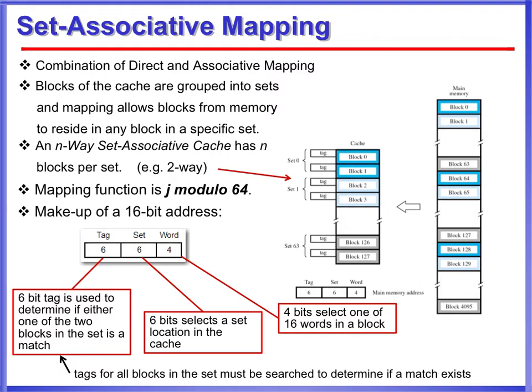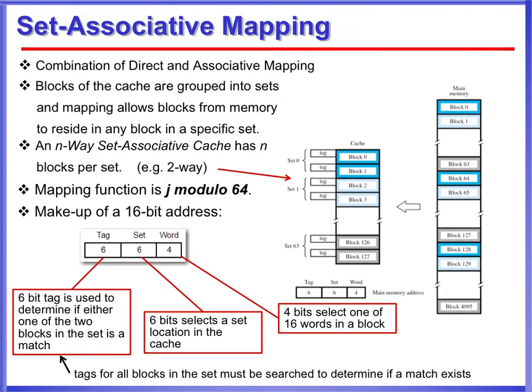So, if you've got a 16-bit address and you want to see if it's in cache, you would check the set. If these are all zeros, you know you're interested in set 0. So you go to set 0, you go to these 2 blocks, you take the tag of the memory address you're interested in, and you compare it to these 2 tags. If there's a match, you know this address is currently in cache. You got a hit, away you go.